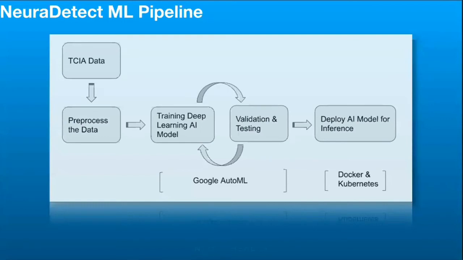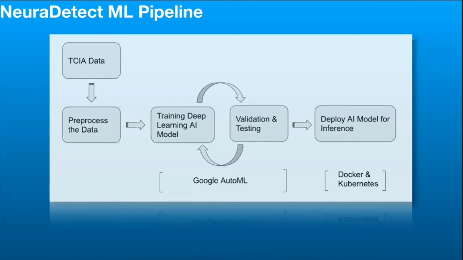So in a nutshell, this is how our machine learning pipeline looks. We take the data, a publicly available data set from the Cancer Imaging Archive, which is highly curated and annotated by world-renowned radiologists, like those from Stanford. We pre-process that data, for example cropping, which needs to happen before feeding it to the deep learning algorithm.